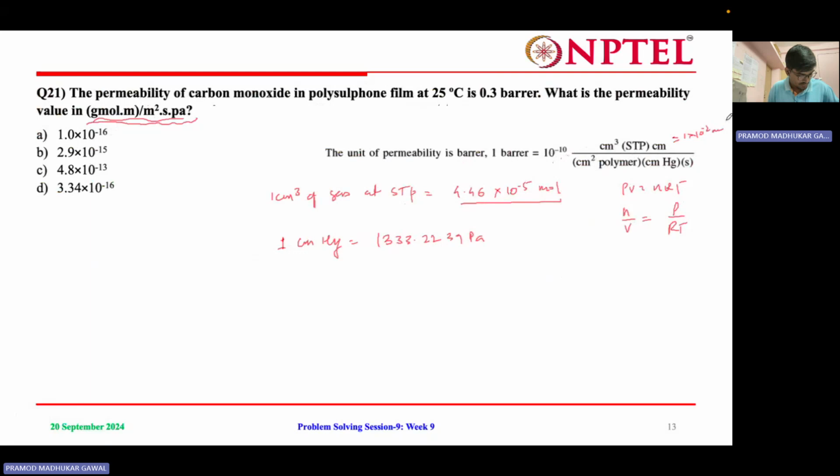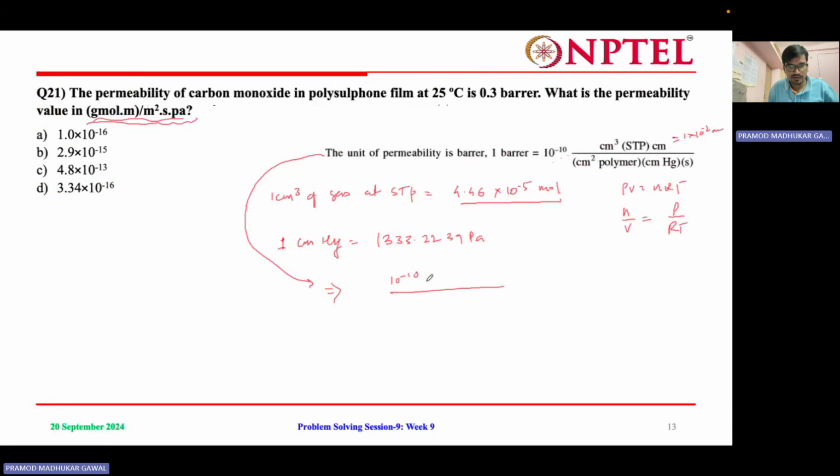Now first we convert this one barrer, then we multiply by 0.3.